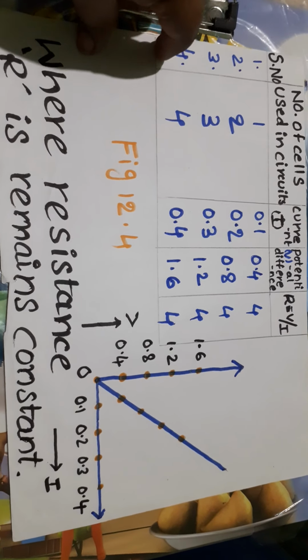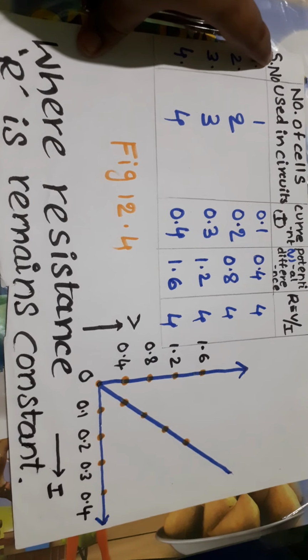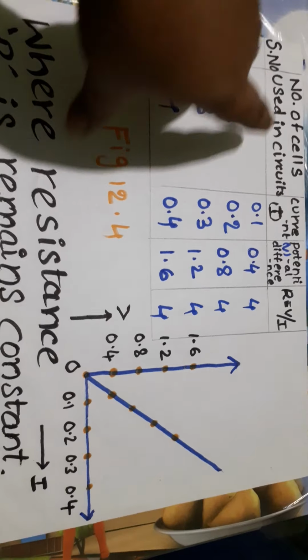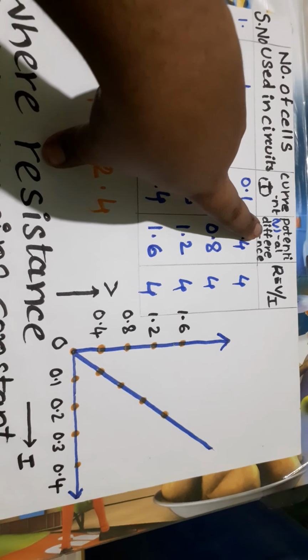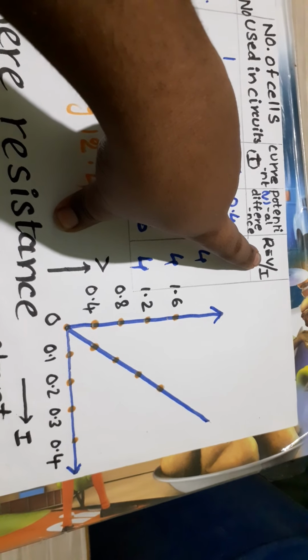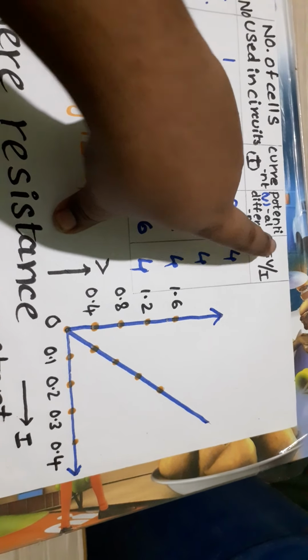I am drawing a table consisting of the serial number of cells used in the circuit, current, potential difference, and R equals V by I. I am using Ohm's law: V equals IR, R equals V by I.